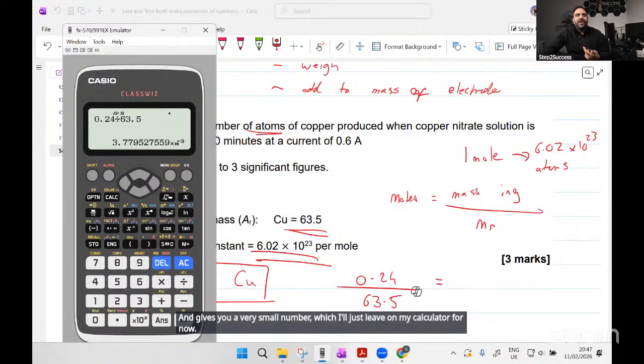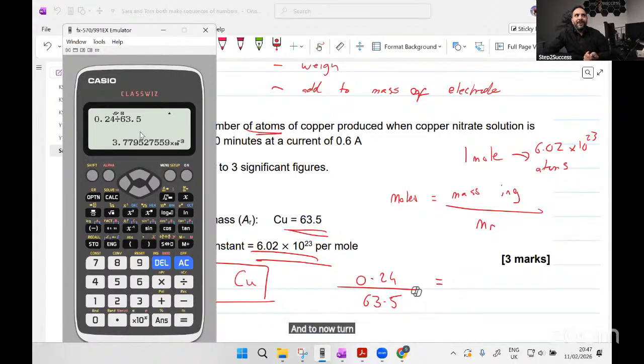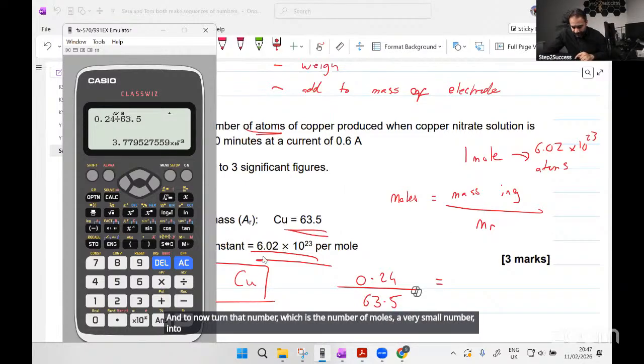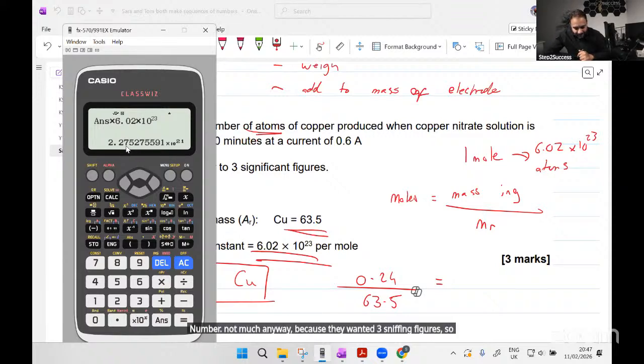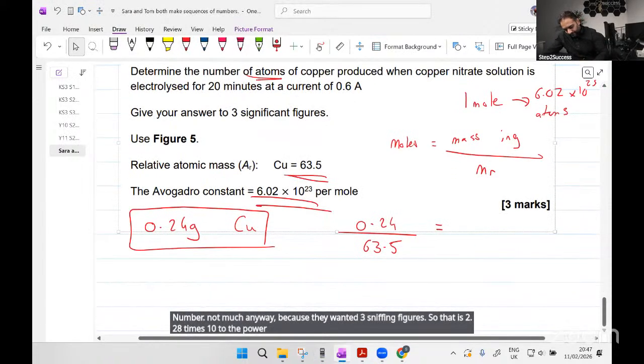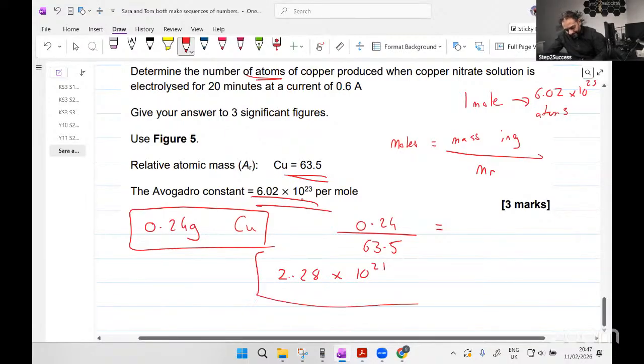And to now turn that number, which is the number of moles, a very small number, into atoms or particles, you now times it by this number. And that will give me a more reasonable looking number. Anyway, so they wanted three significant figures. So that is 2.28 times 10 to the power 21. That is the number of particles.